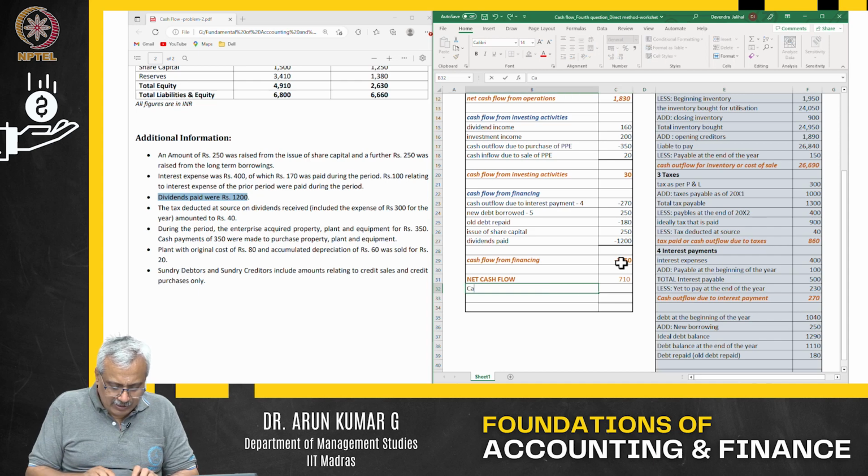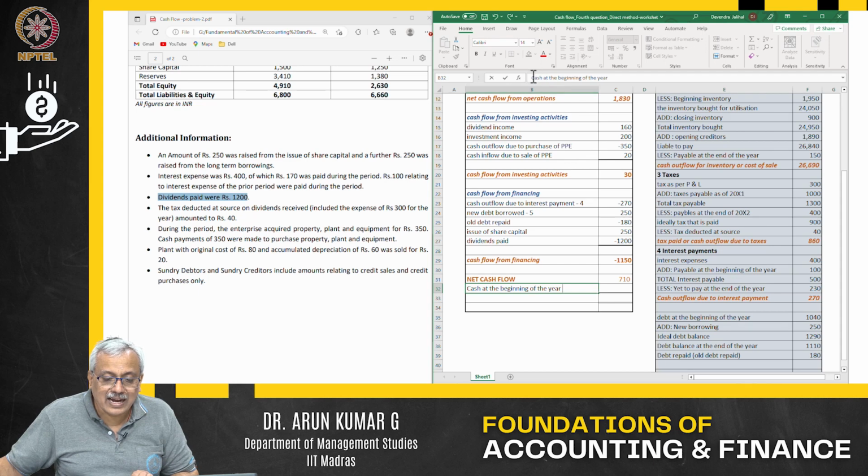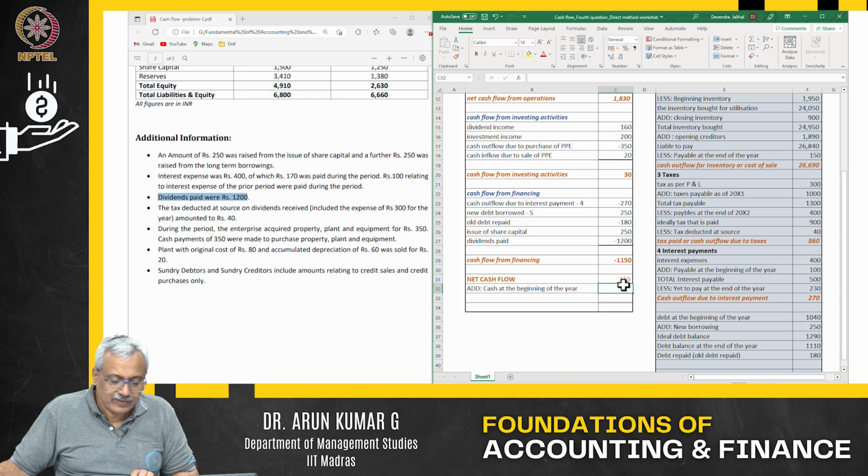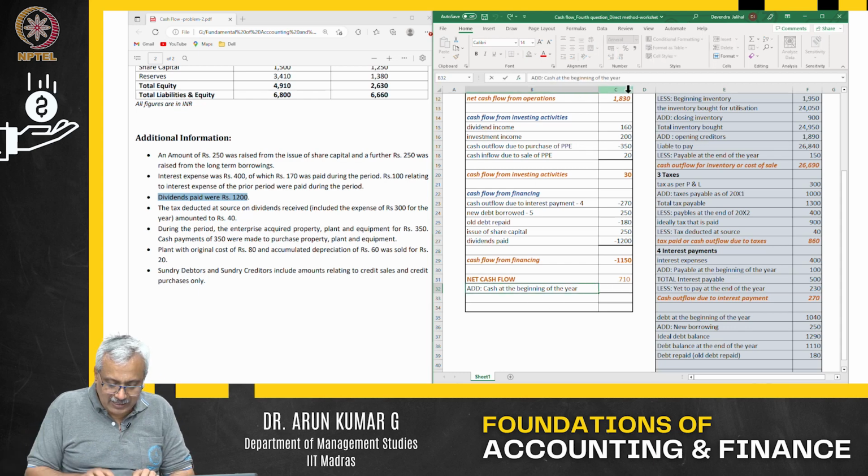What is the cash at the beginning of the year? I will basically add the cash at the beginning of the year. When I say cash at the beginning, I say cash and cash equivalents.